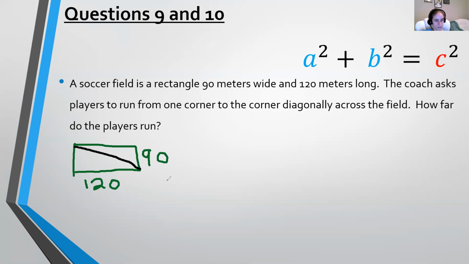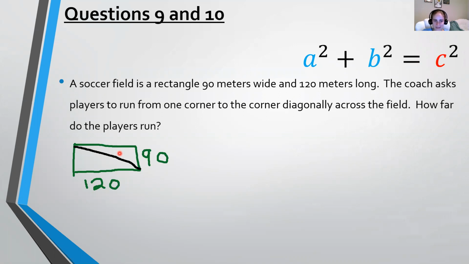this way. All right. Once we draw that diagonal, we have two different right triangles. We have a right triangle here and a right triangle here. If we have a right triangle, what does that mean we can use? Yeah, the Pythagorean theorem. But wait, I only labeled two of my sides and it doesn't look like it matches up.